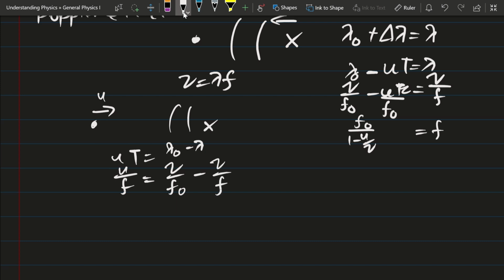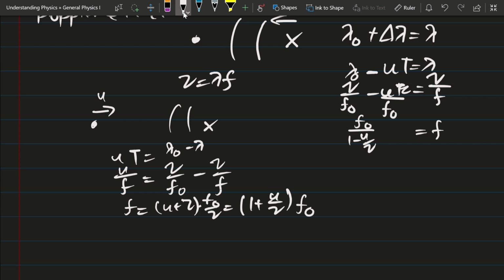So if we try to discover what the f is, u plus v times f0 over v. So it's 1 plus u over v times f0. And so it is positive if you are moving towards the object.